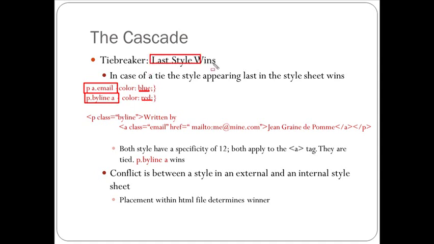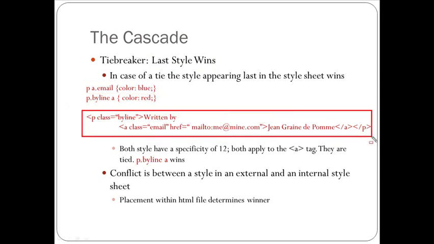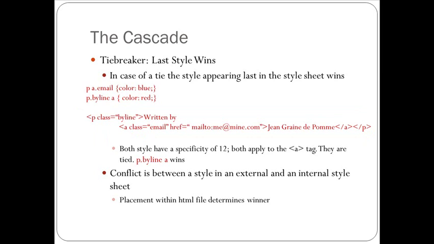Well, that's where the last style wins comes from, and if this was the case, the color would be red because it comes after the one with the color of blue. Those examples were based on this HTML code that you see here. So it's very possible for these two to exist. Sometimes the conflict is between a style in an external style sheet and an internal style sheet. Well, again, last style wins.